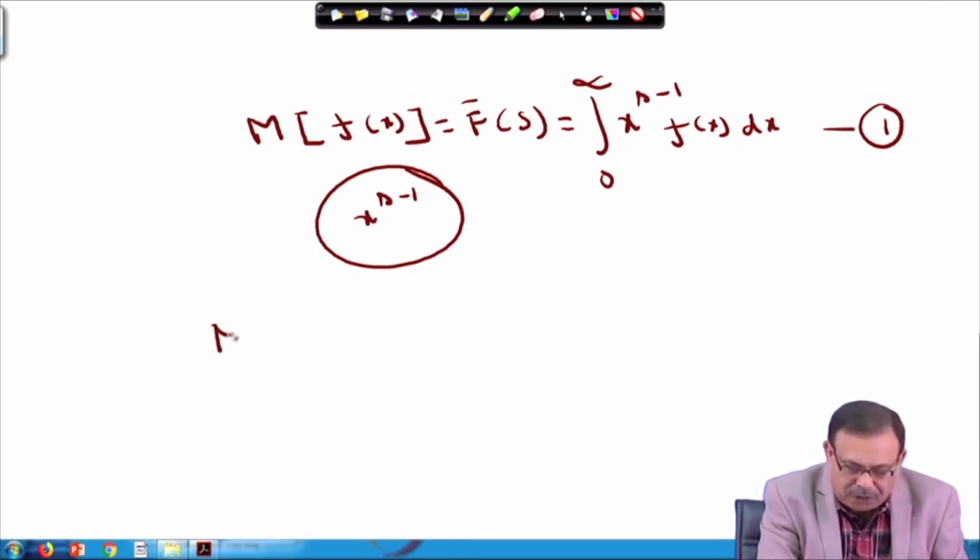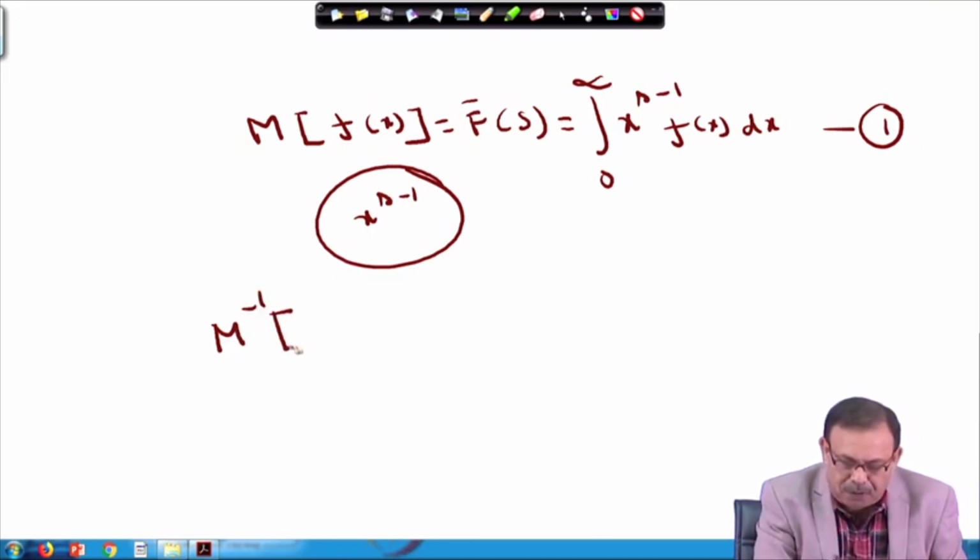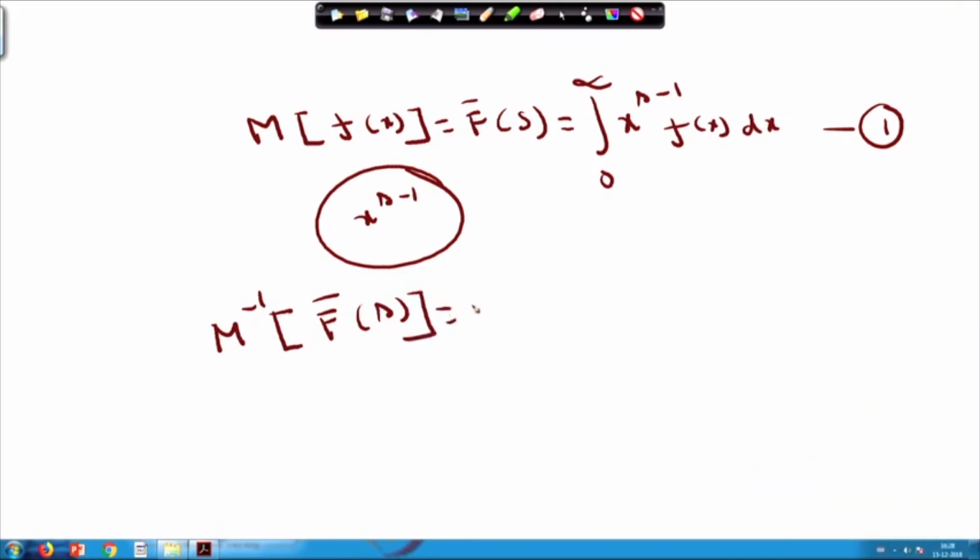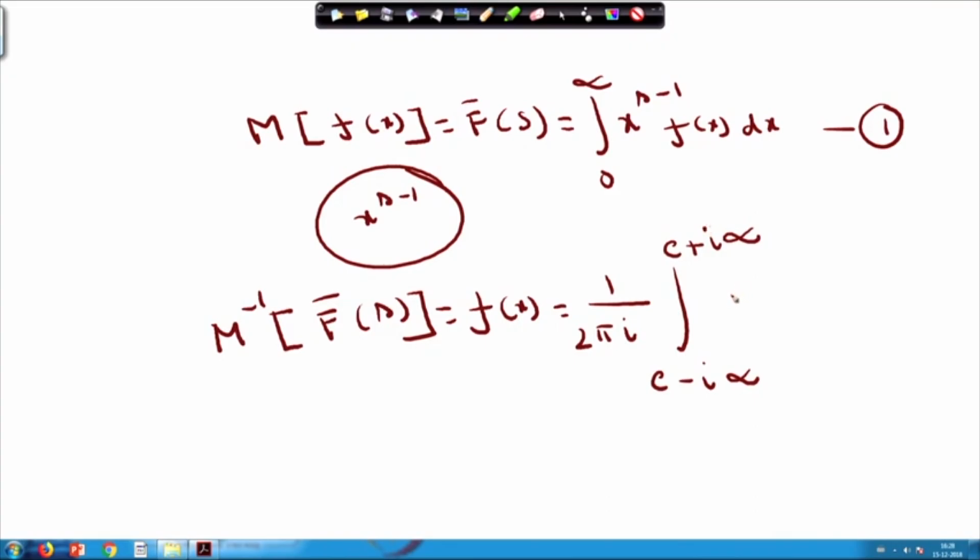Similarly, the inverse of Mellin transform I can obtain as M inverse of F bar(s). This is equal to the function f(x), which equals 1 by 2 pi i, integral from c minus i infinity to c plus i infinity of F bar(s) x to the power minus s ds, where c is greater than 0.